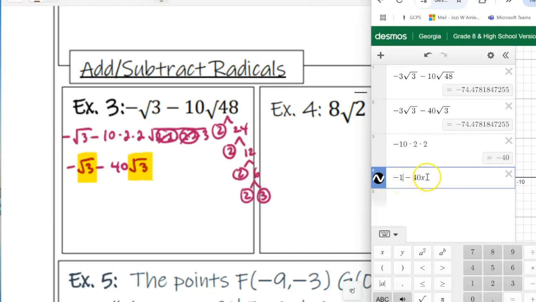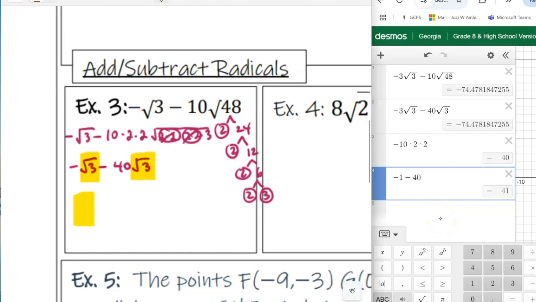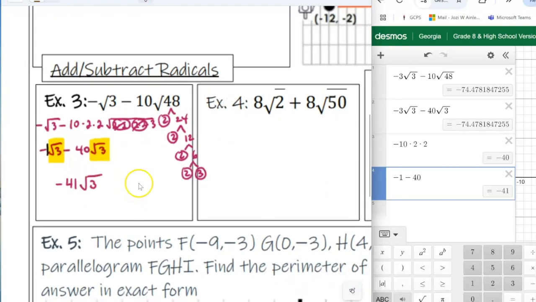All right, so it's negative 1 minus 40, which is going to give me negative 41 radical 3. So you're adding the coefficients, and I'm going to put this invisible 1 here so that you can see it. You just leave the radical exactly the same. So you take care of the coefficients and leave the radical the same. So that's how you add and subtract radicals. You're going to pause the video right here and go ahead and complete example 4. Let's practice.